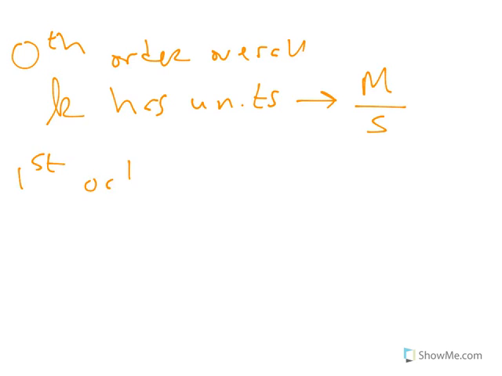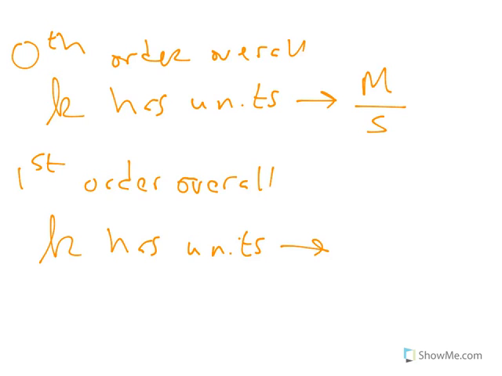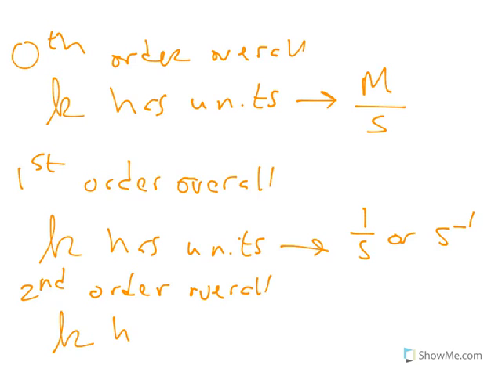First order overall, K has units of 1/seconds or inverse seconds. And second order overall, K has units of 1/molar second, or M to the -1, s to the -1, as we just saw.